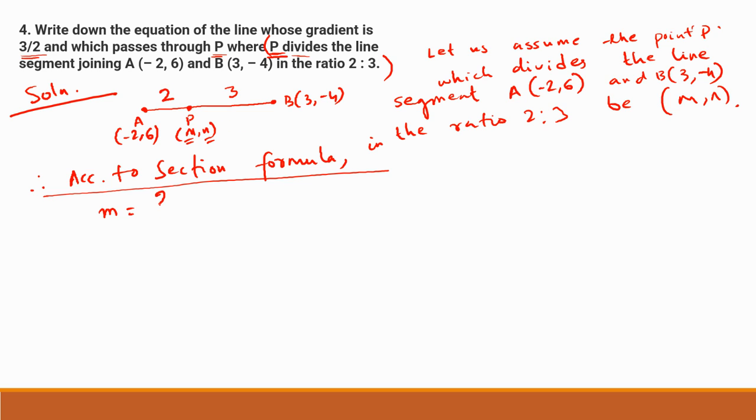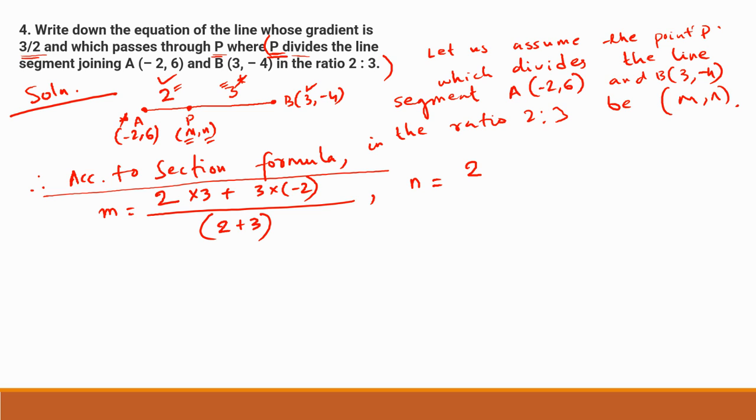So m you will get as (2 times 3 plus 3 times (-2)) divided by (2 plus 3), and n similarly is (2 times (-4) plus 3 times 6) divided by (2 plus 3).